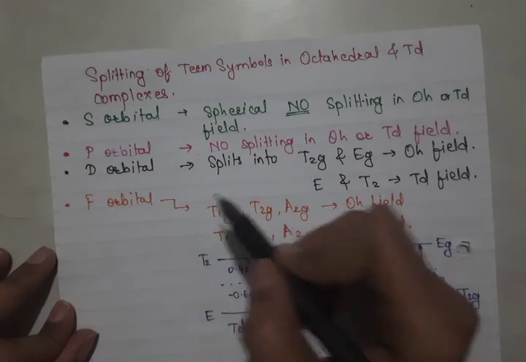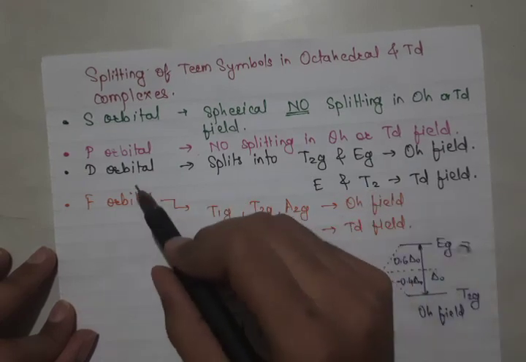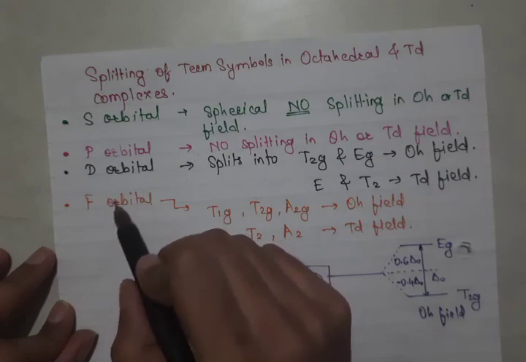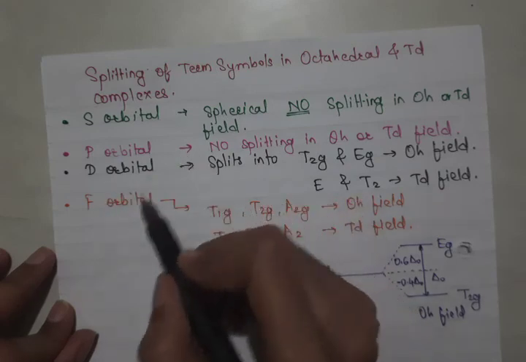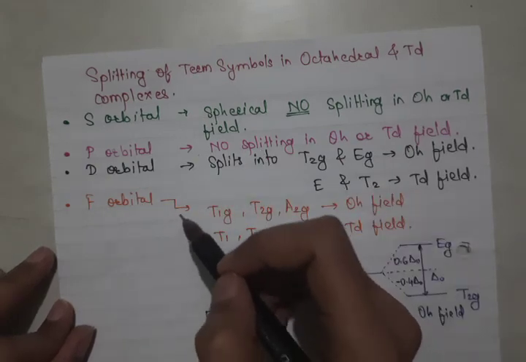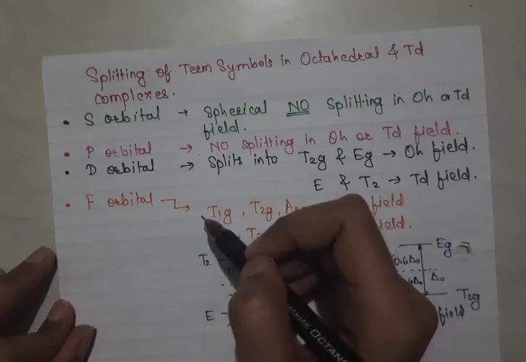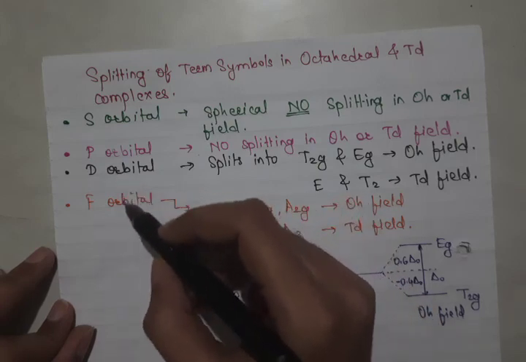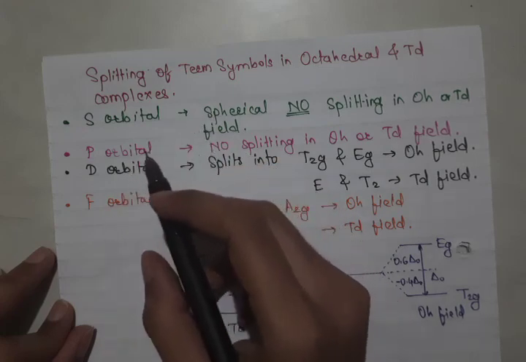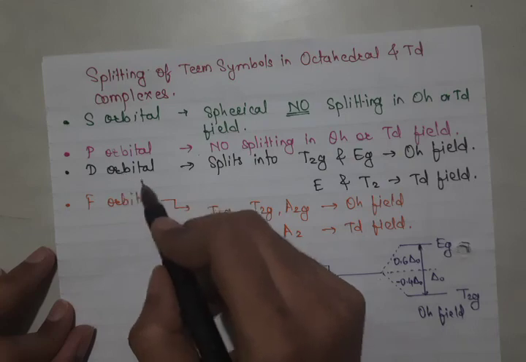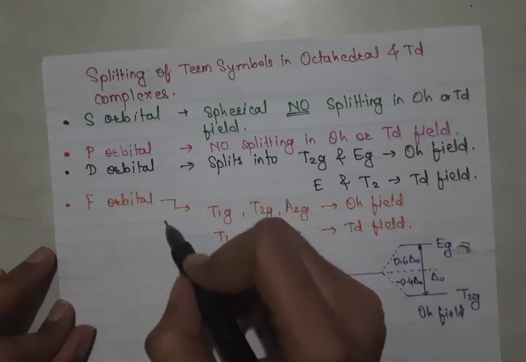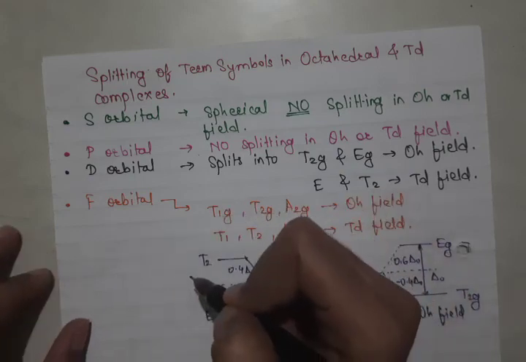So these are very important, because for d-block elements or transition metal complexes, generally we get these two terms only. The S term is also there, but it is not split.